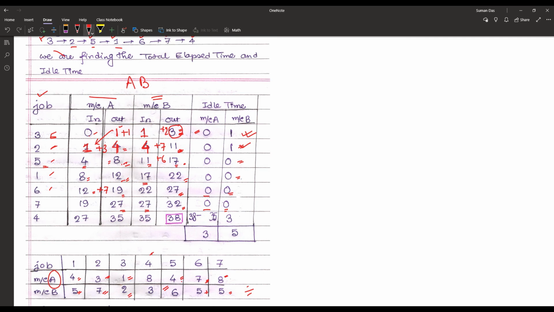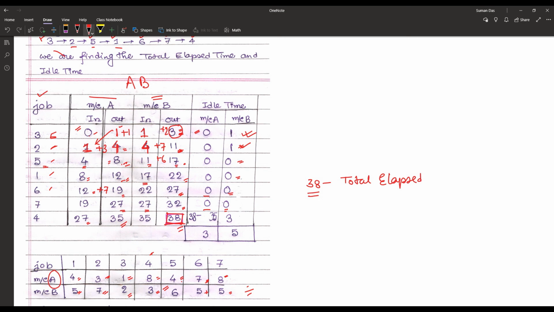It started from 27 and has the processing time 8, so it has ended on 35. Machine B has the processing time 3, so it has ended on 38, and that 38 is our total elapsed time, because we started at 0 and the complete sequence of jobs has ended at 38 units of time.